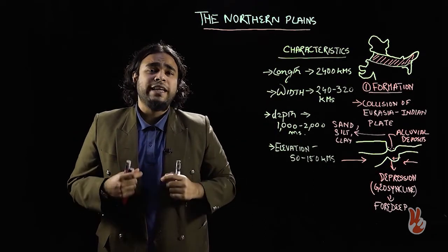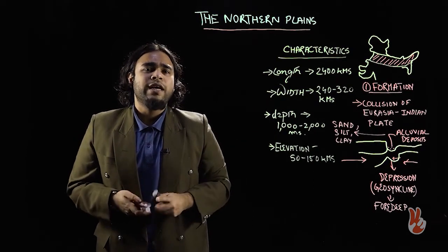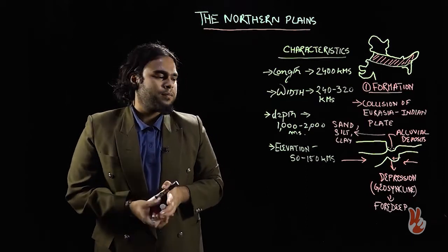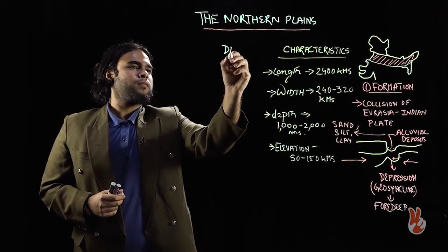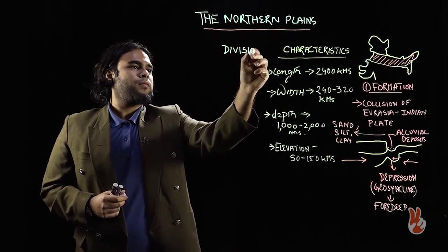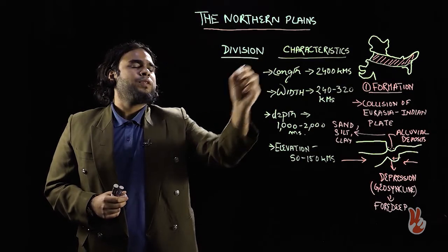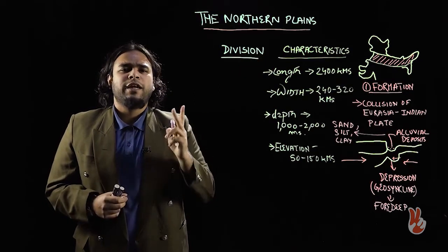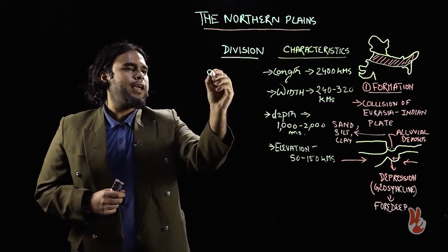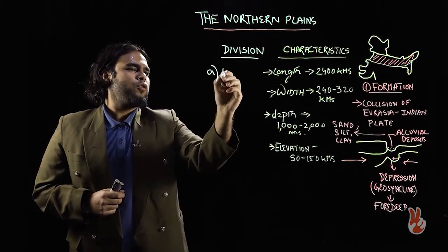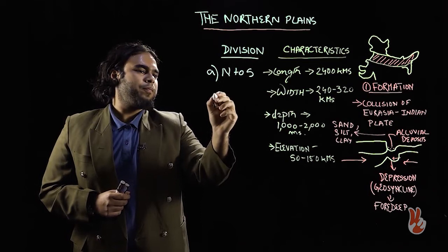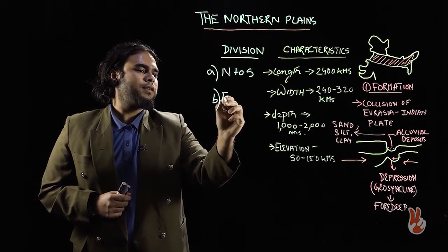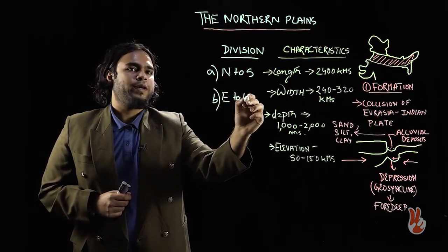The next important feature that we need to deal with is the division of the northern plains. The division of the northern plains can be done in two ways. A, north to south and B, from east to west.